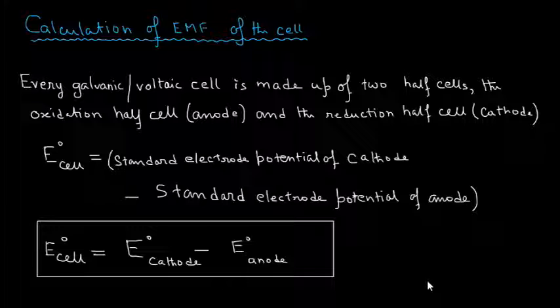E naught cell is equal to standard electrode potential of cathode minus standard electrode potential of anode. So net EMF of a cell is equal to standard electrode potential of cathode minus standard electrode potential of anode. So in our case, E naught cell is equal to E naught cathode minus E naught anode.